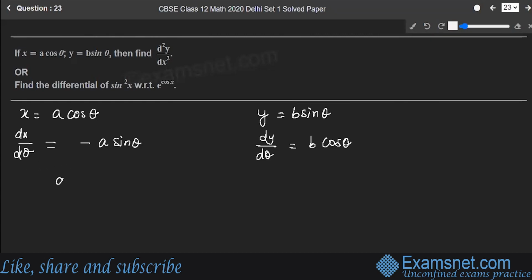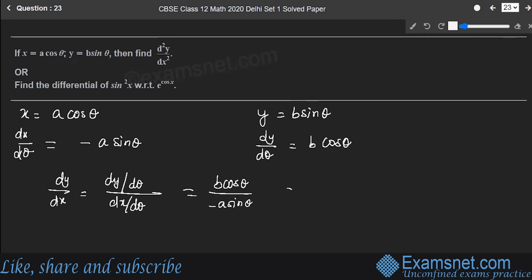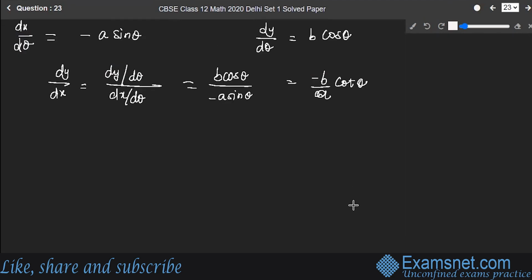Now dy by dx will be equal to dy by d theta divided by dx by d theta. And this is equal to b cos theta upon minus a sin theta, which is equal to minus b upon a cot theta.